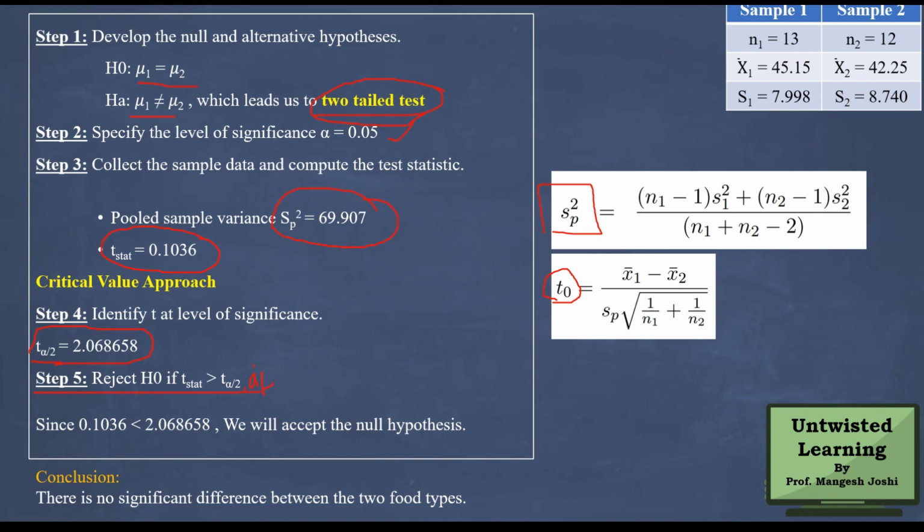This value is 2.068, and since 0.1036 is less than 2.068, we will accept the null hypothesis, leading to the conclusion that there is no significant difference between the two food types.